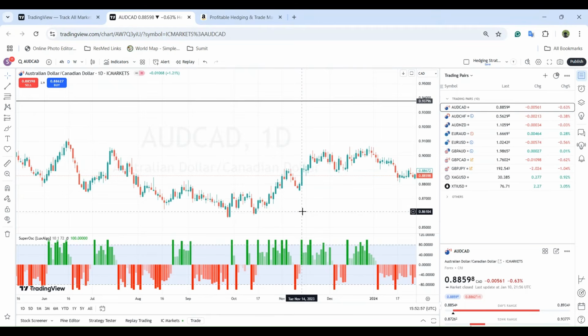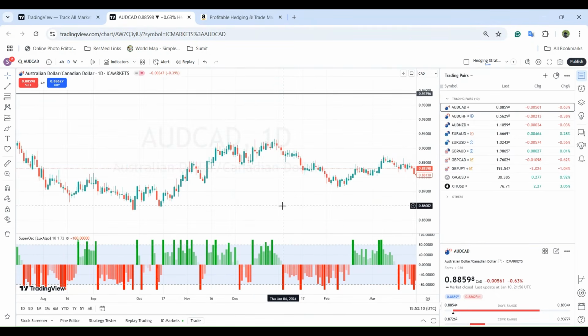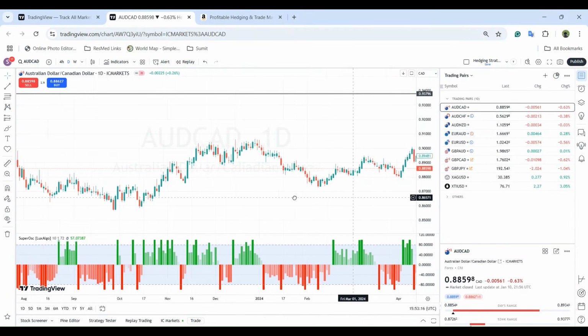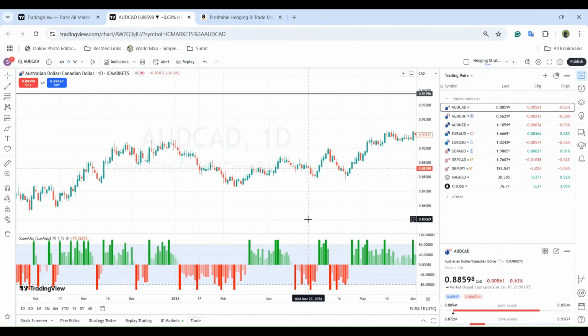Sell, then a buy, it breaks even somewhere there. Sell, and then a 2x buy takes us out of the mess. That would be an overall profit. Profit again, profit again. So you get the picture, right, of what we are trying to do here.